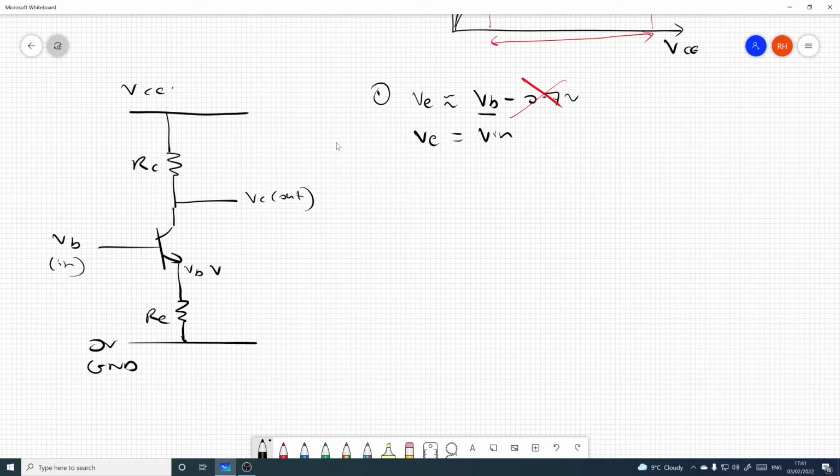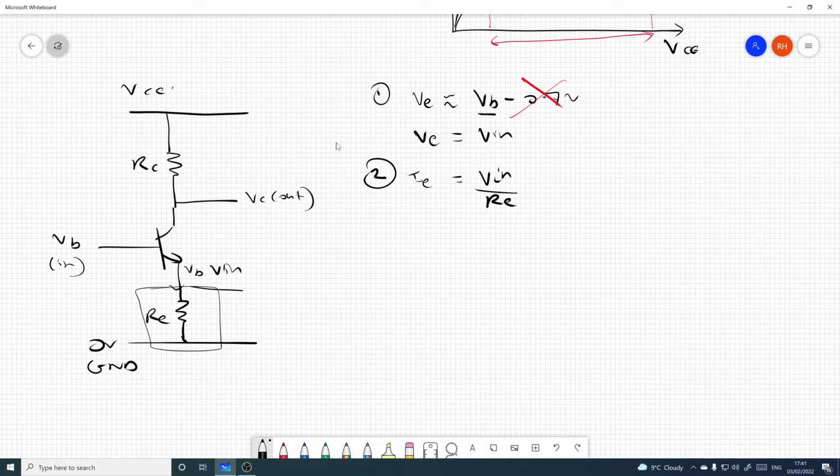Okay, that's great. So we know we've got Vin here. Now, if we focus on the emitter resistor, we now have the voltage across it, Vin, and of course we know its value, it's RE, so we can say the emitter current, IE, which is the current through that resistor, is equal to Vin over RE. Great.